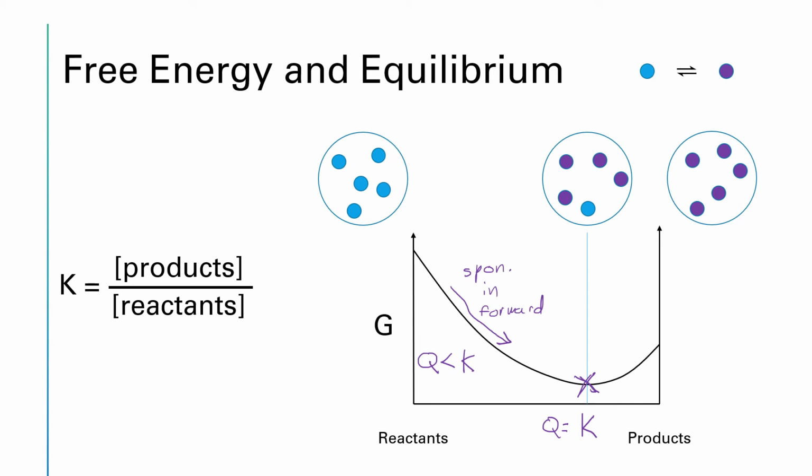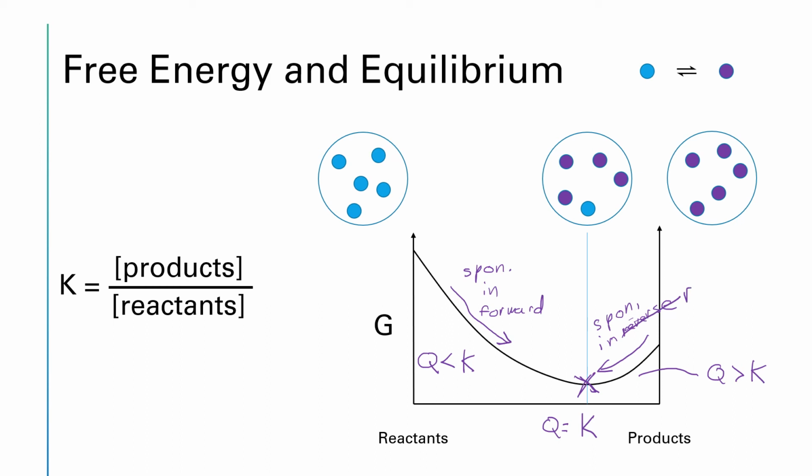Well, what if we're instead over in this position to the right of equilibrium? And at this point, Q would be bigger than K. When we look at that ratio, we would have more products than we should have at equilibrium. We would have fewer reactants. So when we're over in this regime, there's a driving force to reach equilibrium, which makes the reaction spontaneous in the reverse direction. Sorry, I'm trying to write and talk at the same time and not doing a very good job.